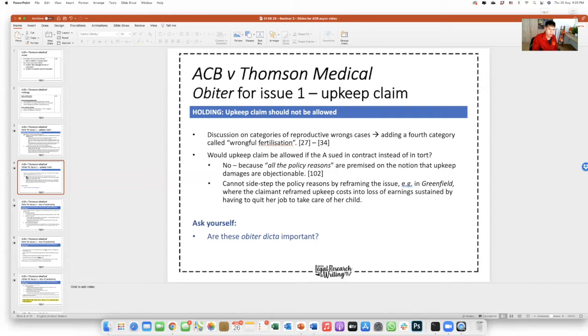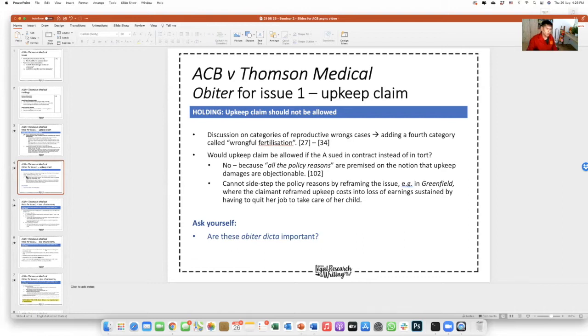So there's wrongful birth, wrongful life, etc. And the court added this 4th category called wrongful fertilization. Now, think about it. Is this discussion on reproductive wrong cases obiter or ratio? I would say it's not ratio, because this whole discussion doesn't contribute to the court coming to the decision as to why upkeep claims shouldn't be allowed, right?